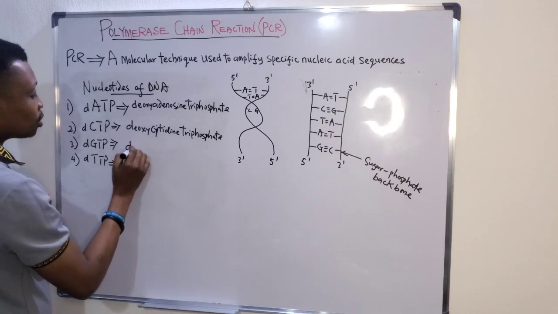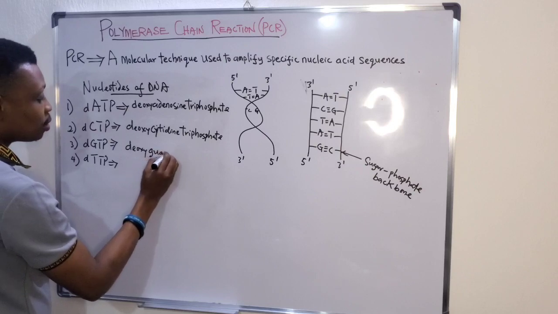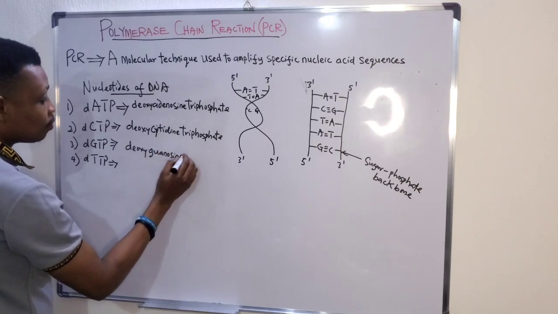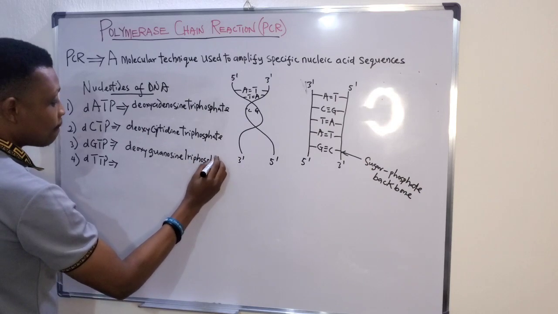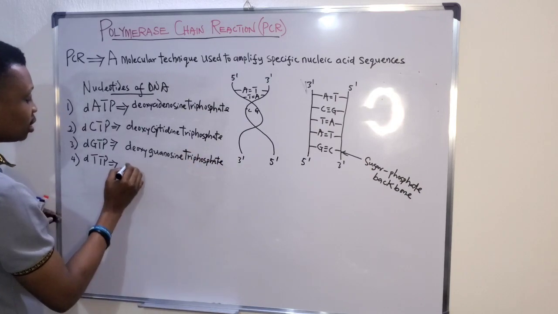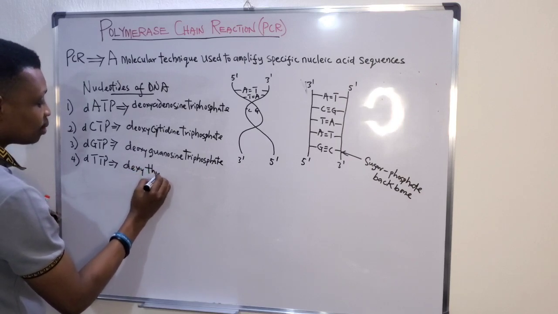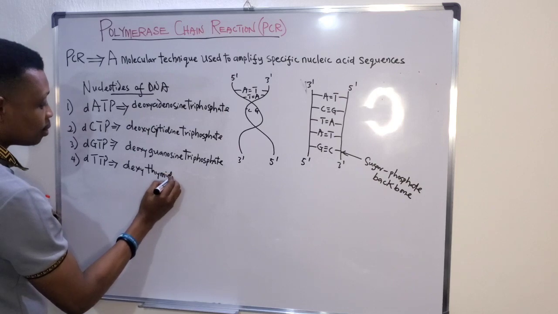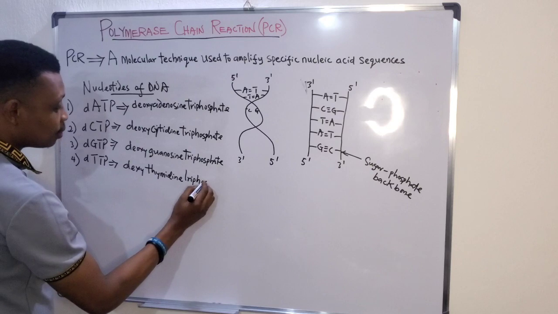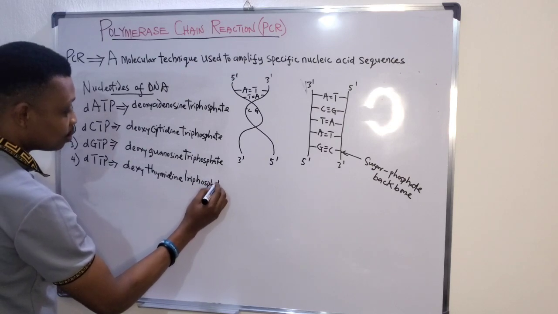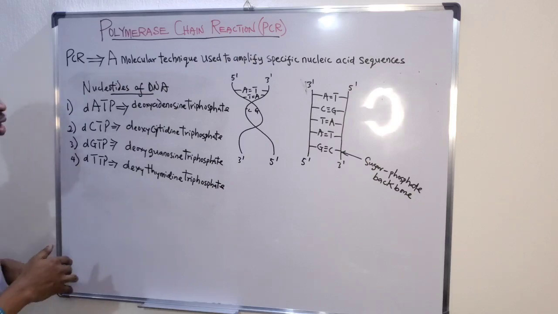And then deoxyguanosine triphosphate. And then deoxythymidine triphosphate. So these are the nucleotides of DNA.